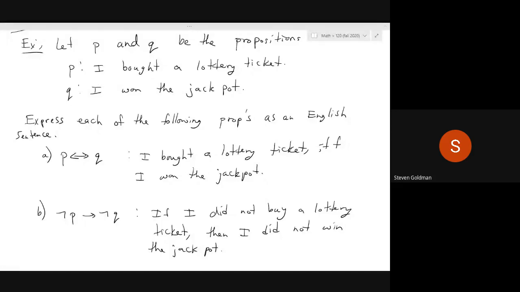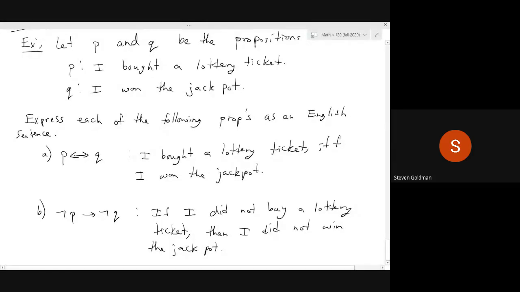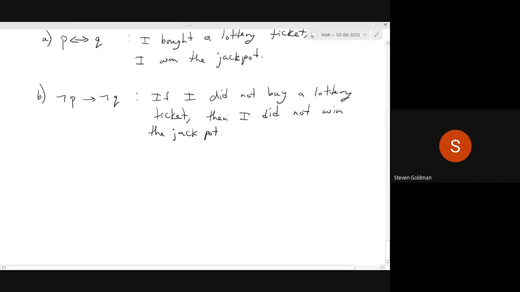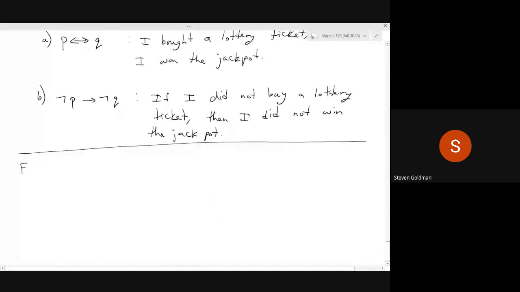Generally, going from a logical expression to an English sentence is a little bit simpler. Let's try the reverse. Let me give you a sentence in English, and let's try and write it as an expression using symbols from logic. Let's try another example.